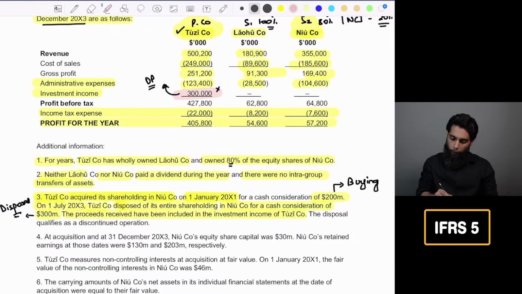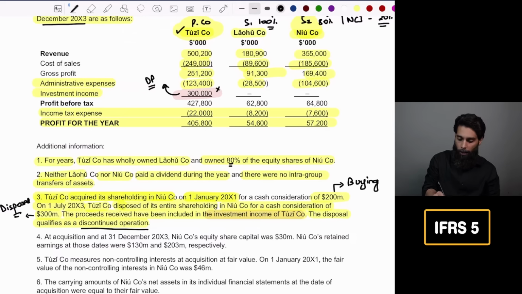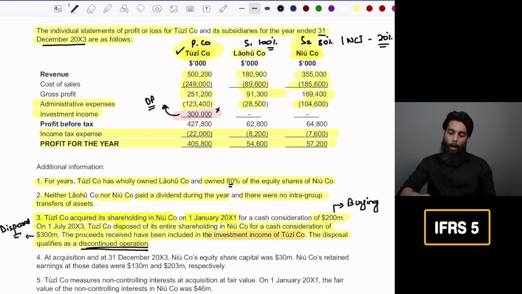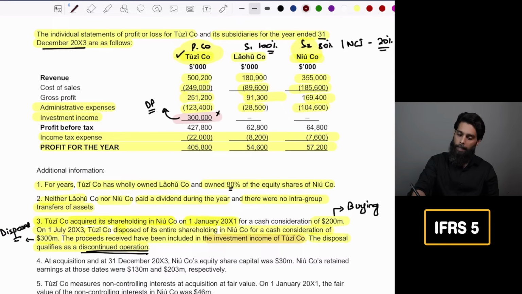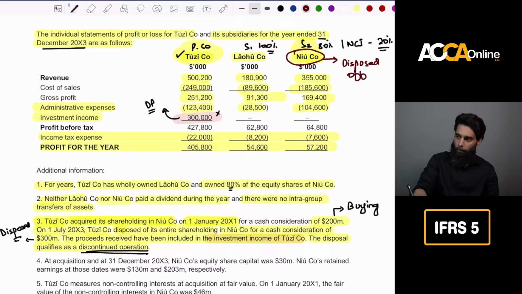Moving on. The proceeds received have been included in the investment income of Toze company. Examiner says the disposal qualifies as a discontinued operation. So as far as Neo is concerned, there are some things that you need to keep in mind. First of all, Neo was disposed of on 1st July X3.